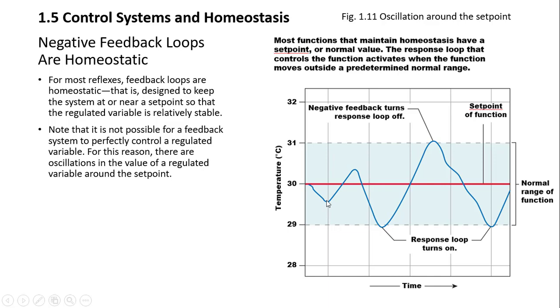The temperature drops below, the integrating center then detects this change, and then it turns on the heater. Now the temperature actually overshoots a little bit. At some point the temperature is so high that the heater doesn't come on at all, and now the temperature drops down again. And so it'll sort of oscillate back and forth a little bit around the set point. And this occurs, of course, in electronic circuits, but it also does occur to some degree in biological circuits.